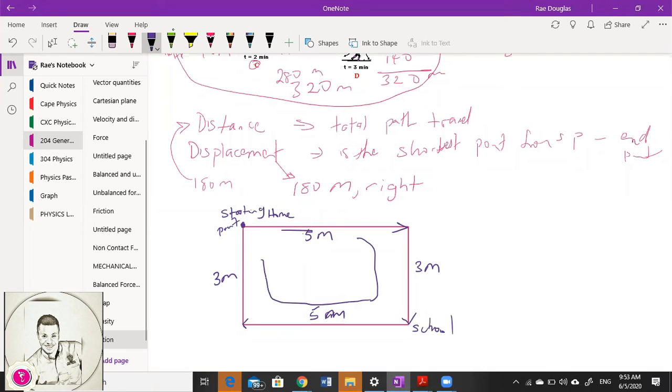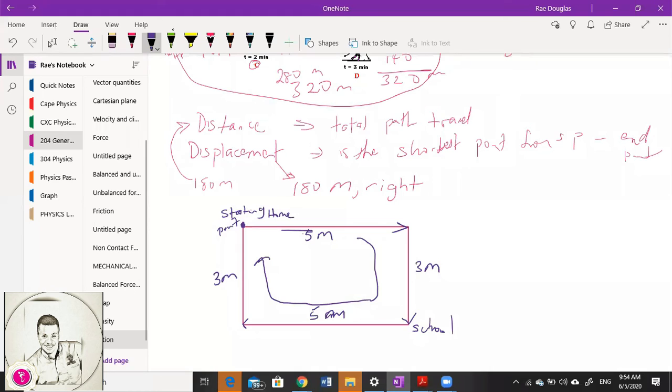And then now, when you leave school, you just follow this path right here, and you go straight home, right? The question now would be, what would be the displacement, if you were, how far away would you be?